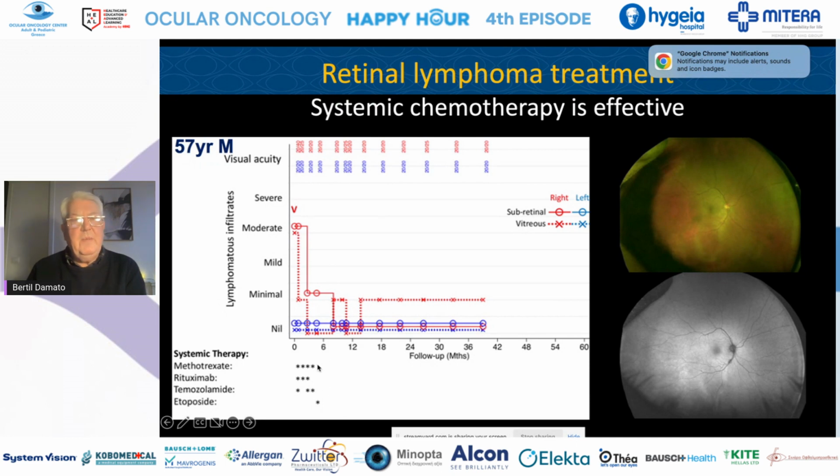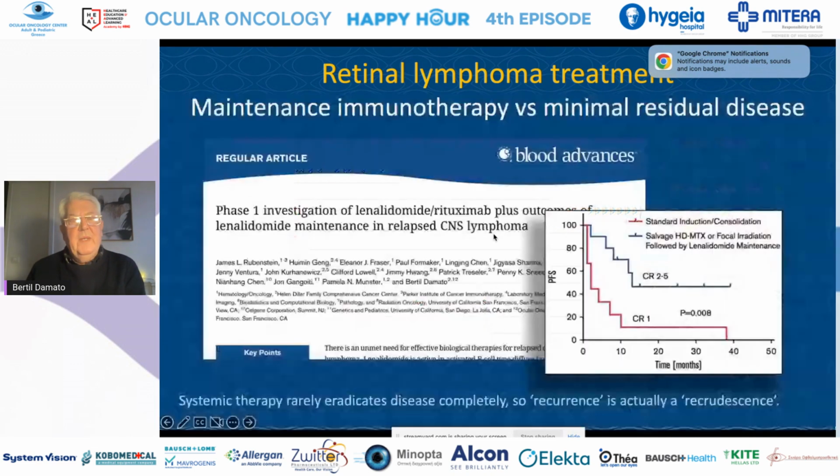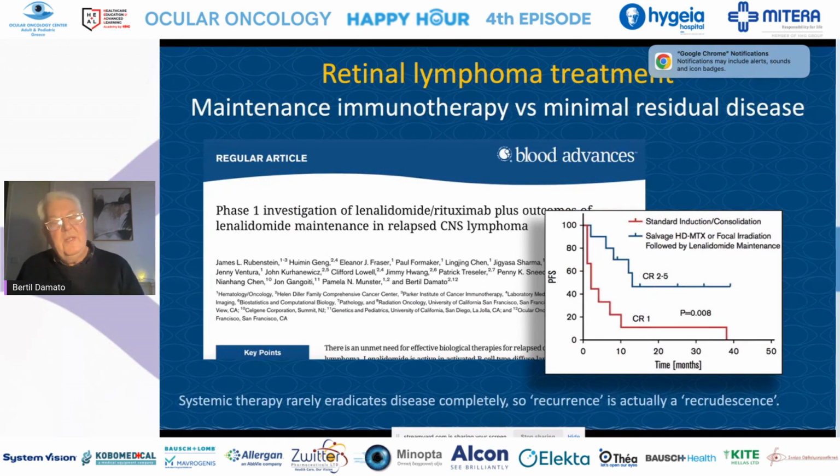And with systemic chemotherapy, that all disappeared, and the patient remained symptom-free with 20/20 vision. But an important ingredient of success was the long-term maintenance immunomodulation with lenalidomide and similar drugs.